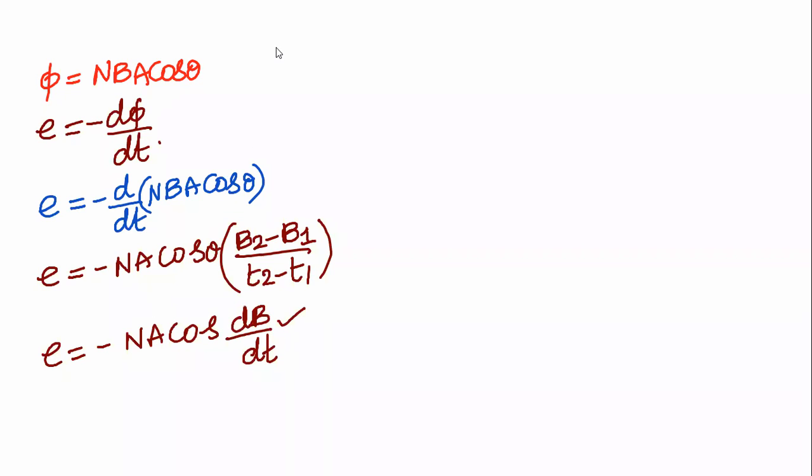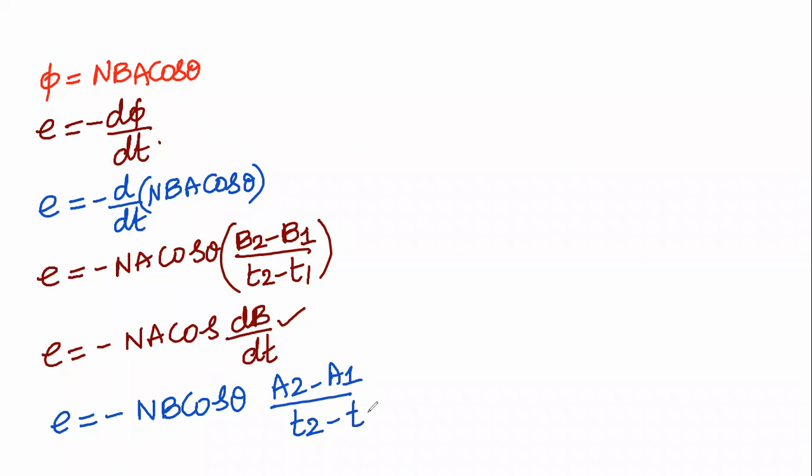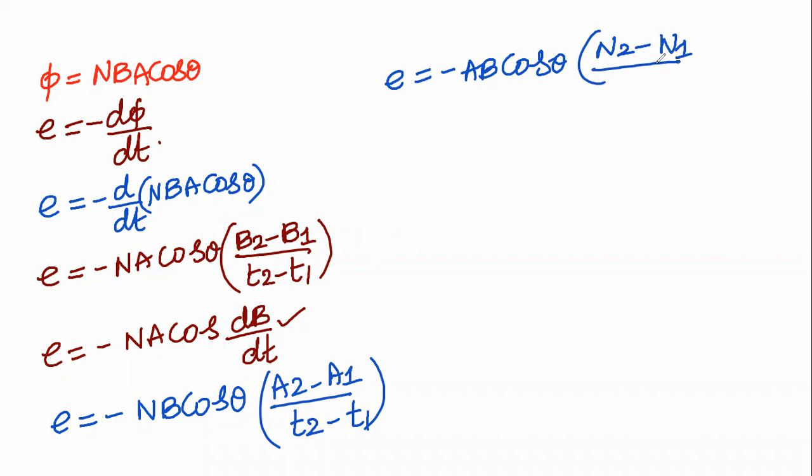Or this change in magnetic flux may be due to the area of the surface also. E is equal to NB cos theta into A2 minus A1 divided by T2 minus T1. Or it may be with the number of turns also. We may write induced EMF is equal to AB cos theta into N2 minus N1 divided by T2 minus T1.